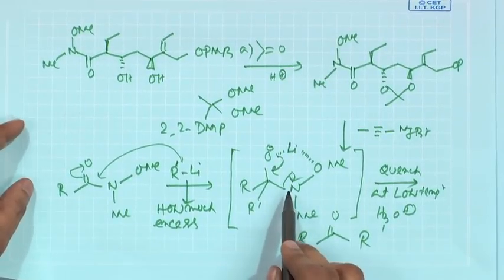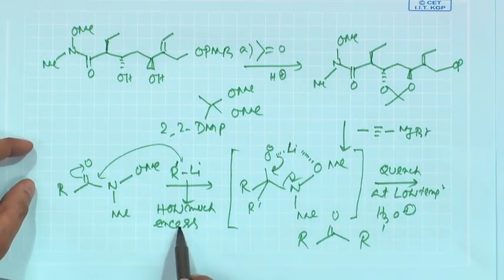Normally, if you react with esters and acids, you will end up with this. First you get the ketone, then it reacts with another equivalent of Grignard or lithium to get the tertiary alcohol. But with the Weinreb amide, as I said, once you get the cyclic chelate, the cyclic chelate is rock stable.